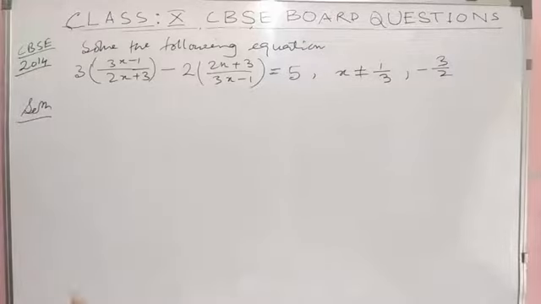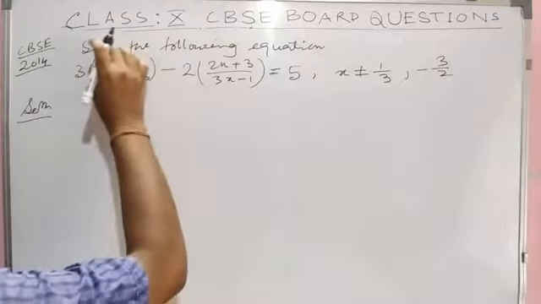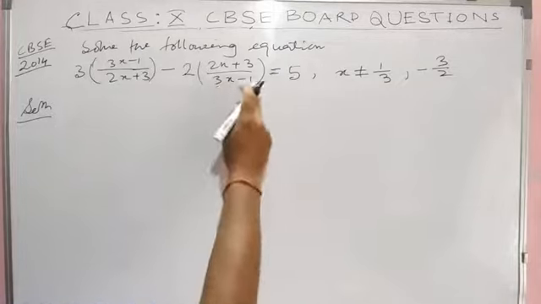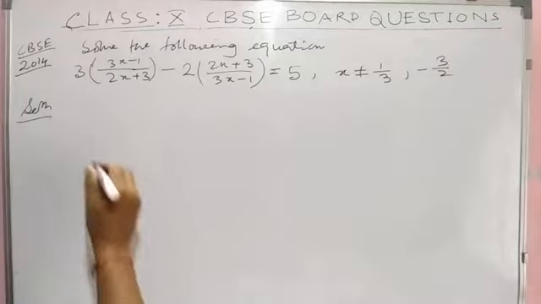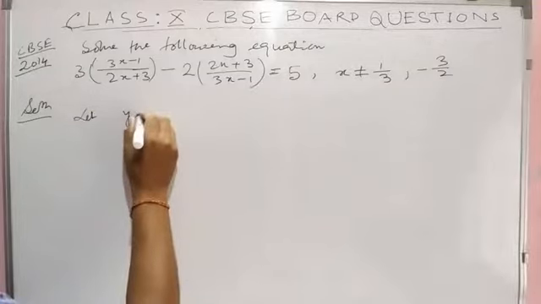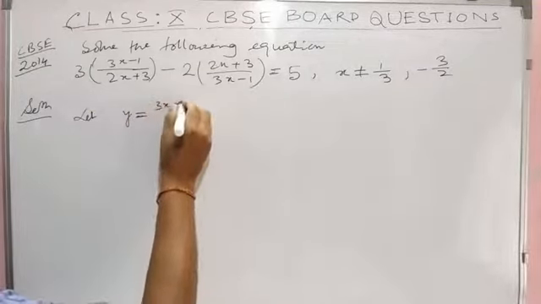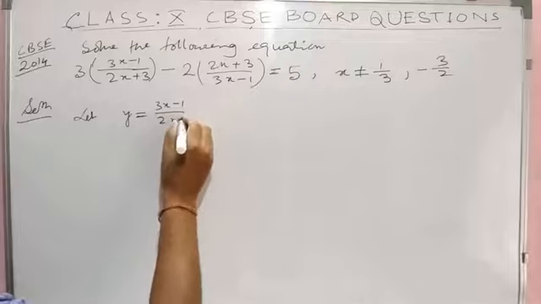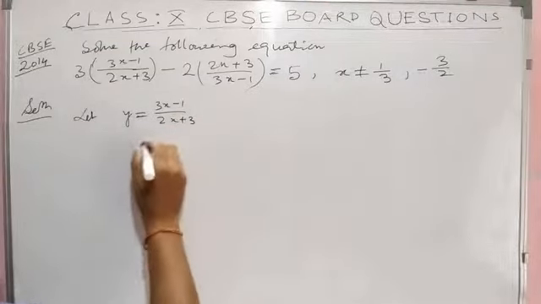No? So if we consider this as suppose y, definitely this will be 1 by y. So let y equal to (3x minus 1) by (2x plus 3).